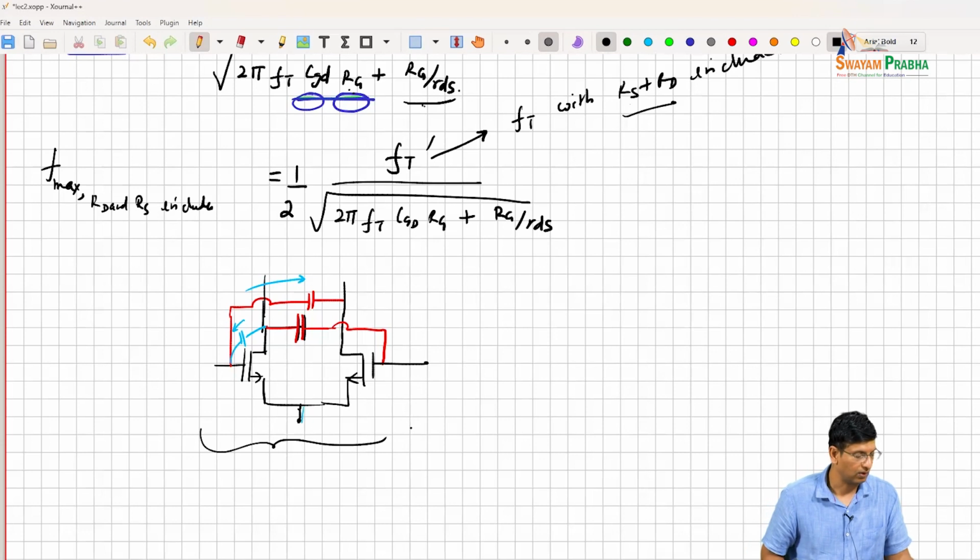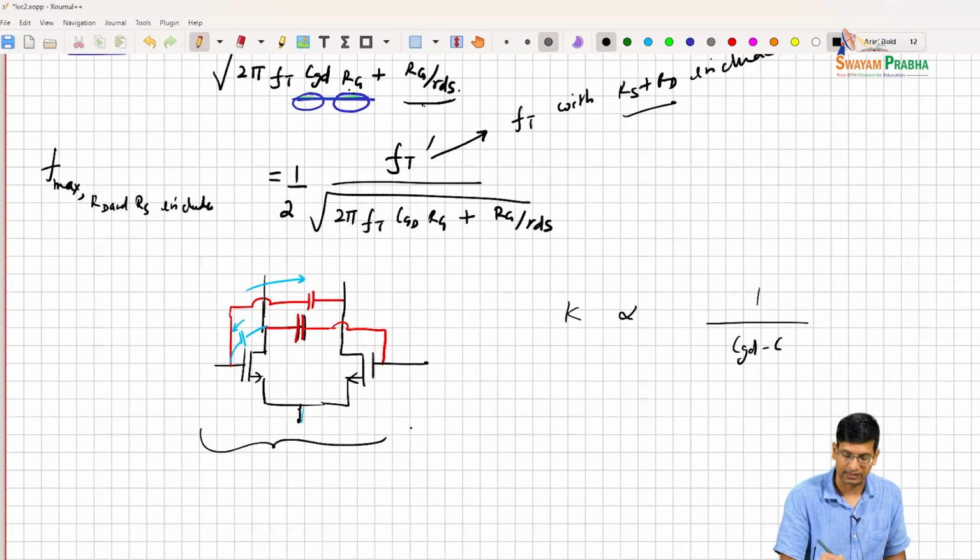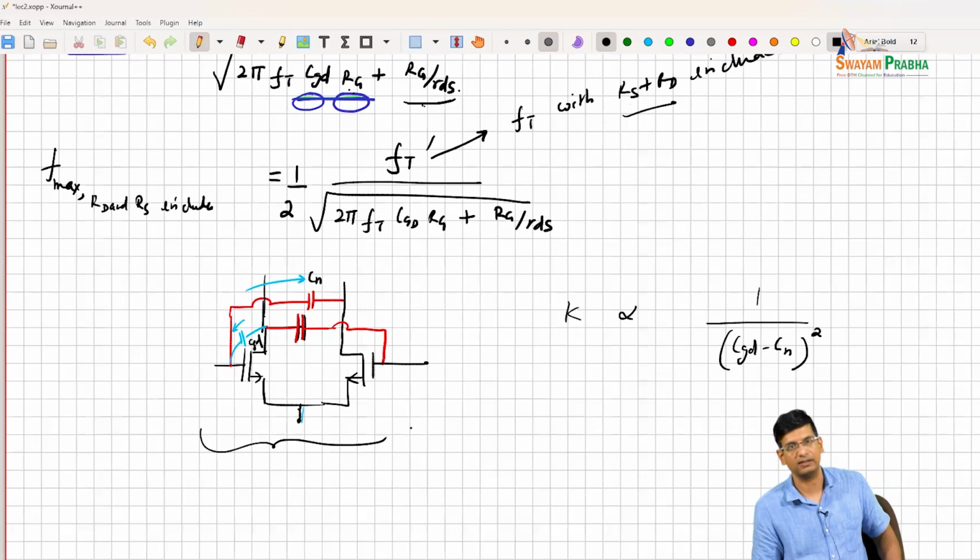And what you can effectively show is that in this case the stability factor is basically, you see that it has a 1 over CGD minus, let's call this capacitor, so this is CGD and this capacitor is C neutralization, 1 over CGD minus Cn squared dependence, right?